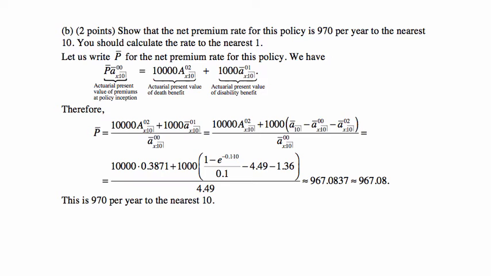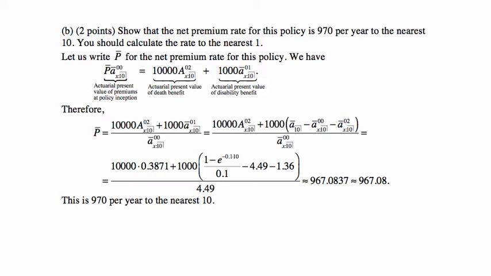That means we will be doing the calculation using the equivalence principle. So using the equivalence principle, we set up the actual present value at policy inception of the premiums equal to the actual present value at policy inception of death benefit and actual present value of disability benefit.